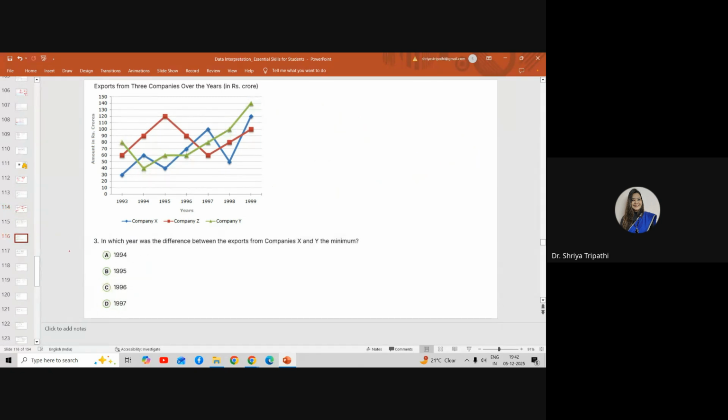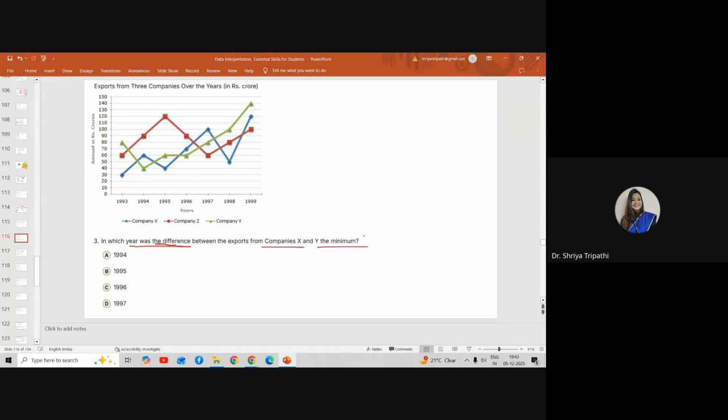Okay. In which year was the difference between the exports from company X and company Y minimum? Just now you have calculated. Now, again, don't calculate for all the 7 years.